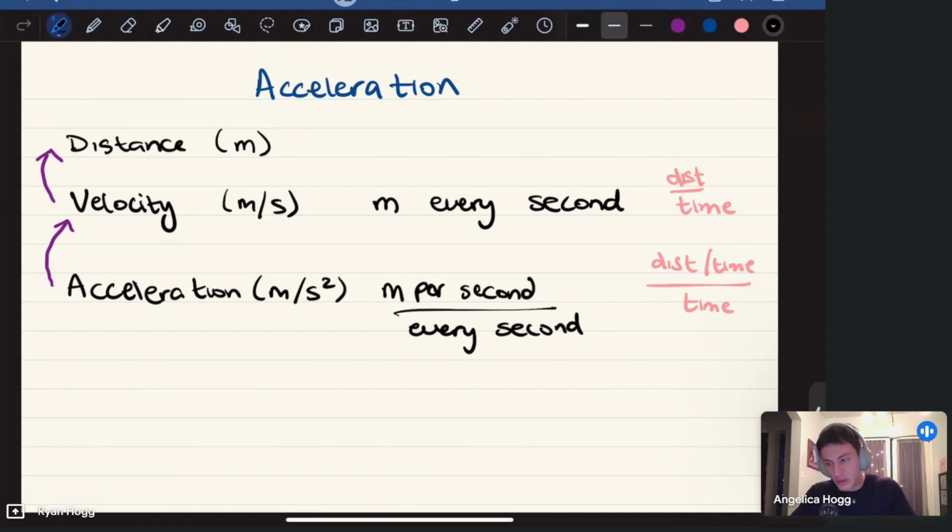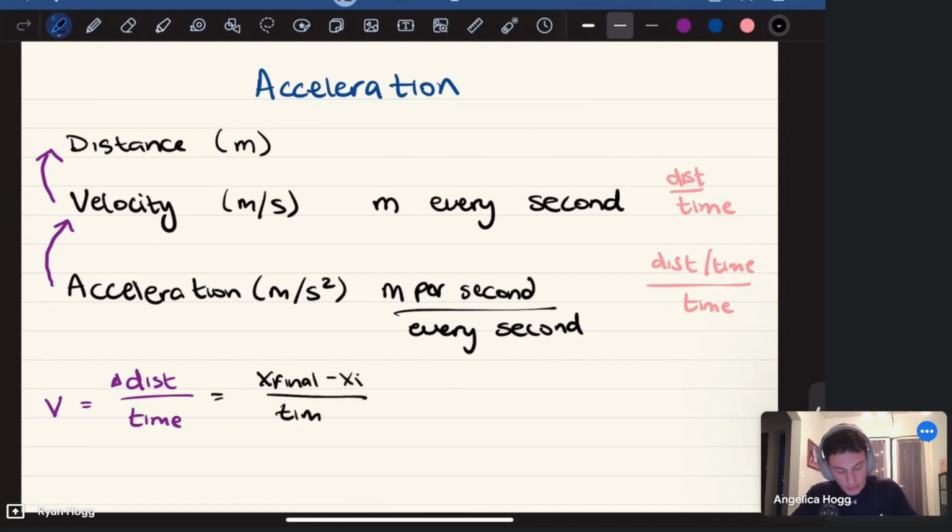So we said before that if we looked at your velocity, we said that was your displacement or your distance, your net distance over your time, which is the same as position final minus position initial over your time.